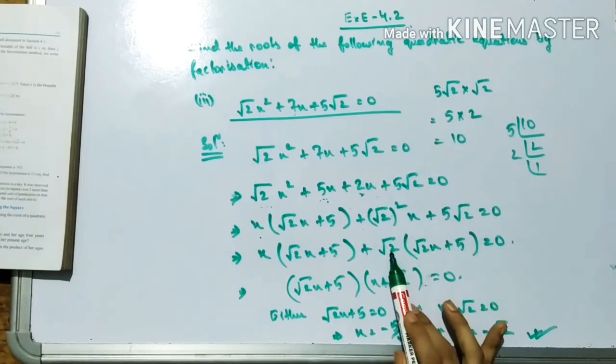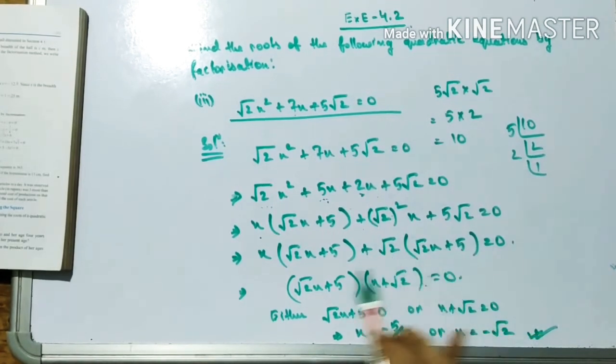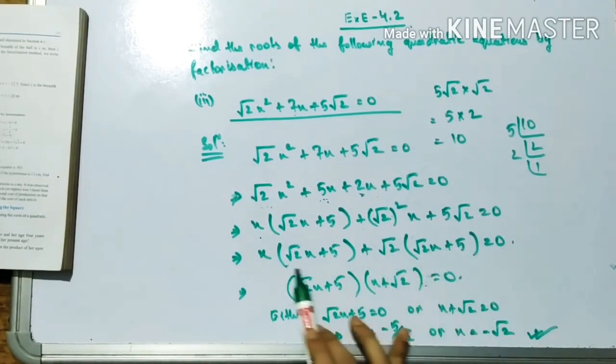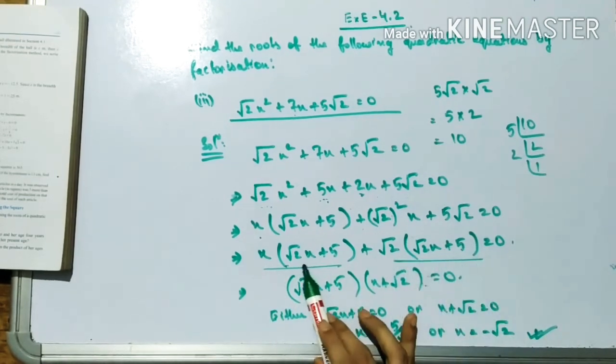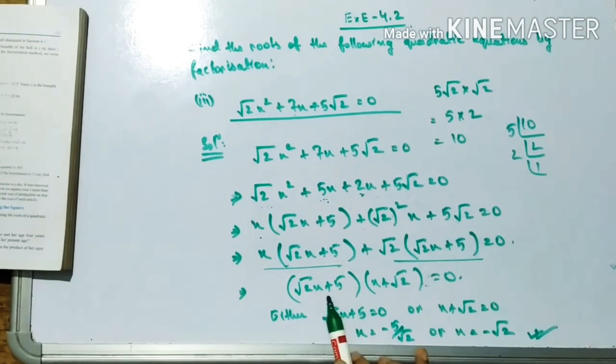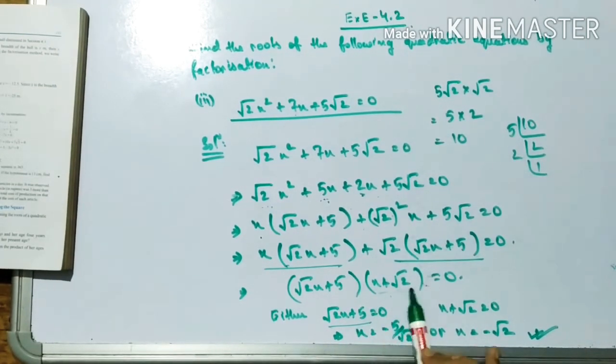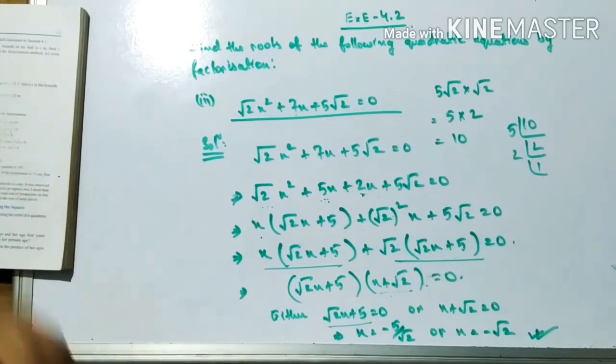So from these two terms I can take root 2 common. So now you see I can take root 2x plus 5 as common from both of these terms. So ultimately I will get this. So either this equals to 0 or this equals to 0. So x equals to minus 5 by root 2 or x equals to minus root 2.